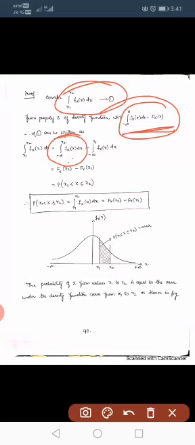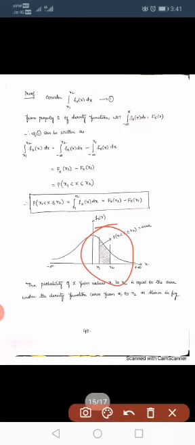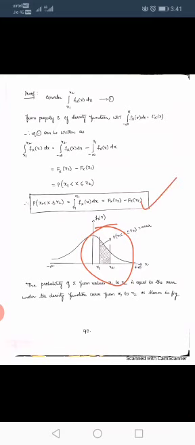This term is Fx of x2 and this term is Fx of x1. That means the area under the probability density function curve in the range x1 to x2 is equal to Fx of x2 minus Fx of x1, right?